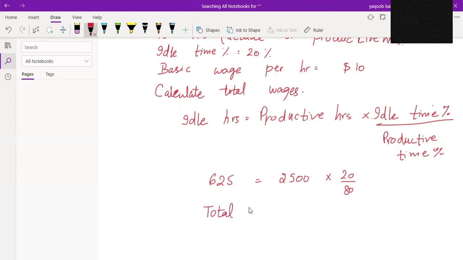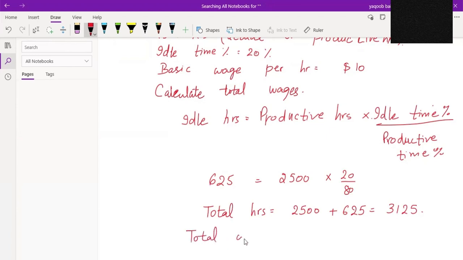Now the total hours is equal to 2500 plus 625, 3125.